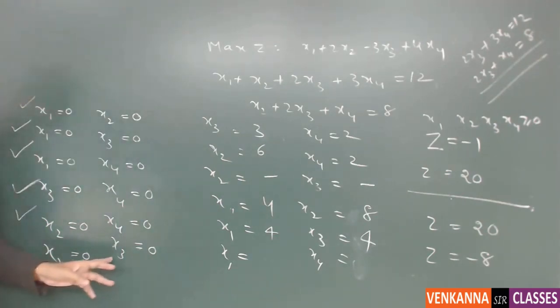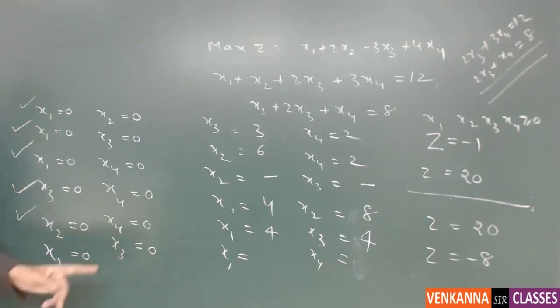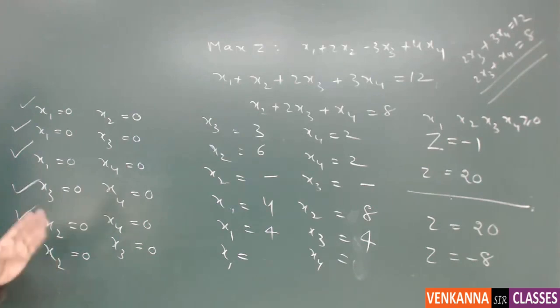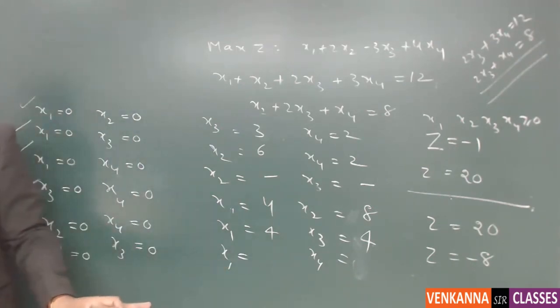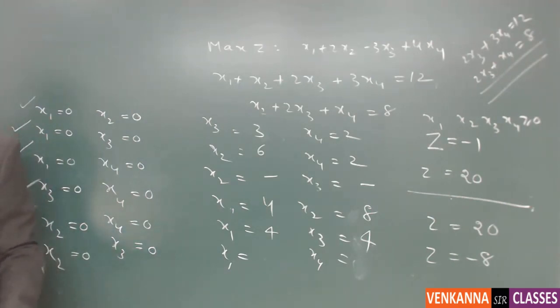Okay, x1, x3, if you put 0, x1, x4, our values are... you getting solution for x1, x4 or not? Yes, give me the values of x1, x4. x1 and x4 values.